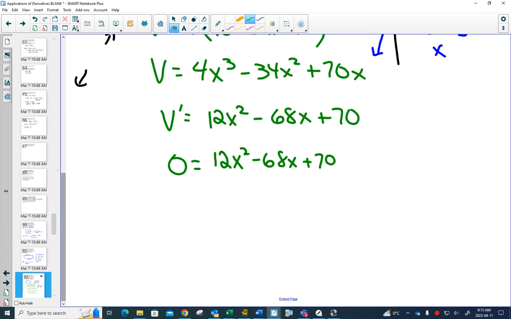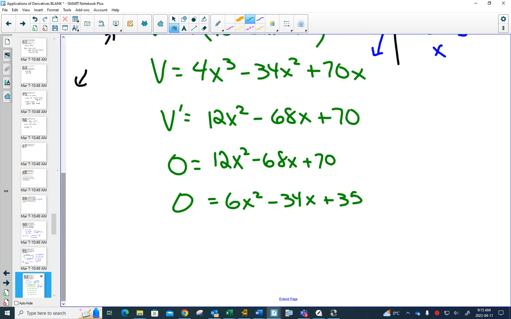Some university professors will factor out the 2, and some will just say, let's divide by 2. Since 2 is just a number and not a variable, it does the same thing. If you're factoring out an x, you would want to do that instead of dividing, because then you'll have still solutions. But you'll often see in university they'll say, well, we can divide everything by 2. That at least makes this a nicer number.